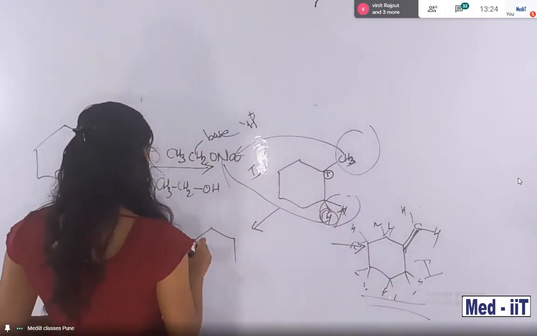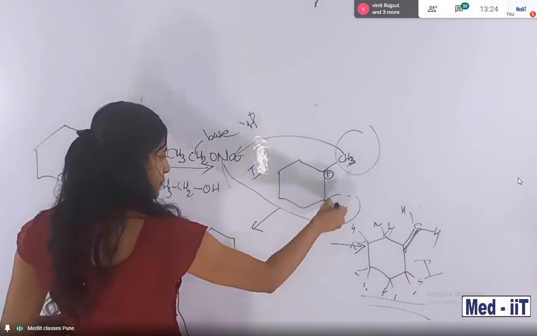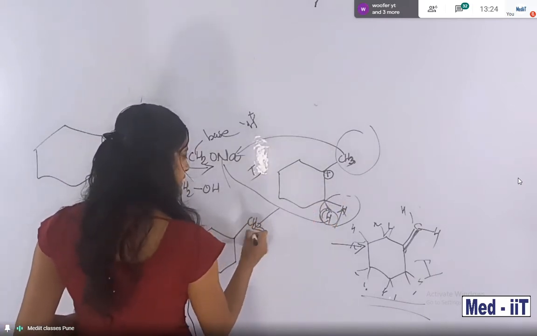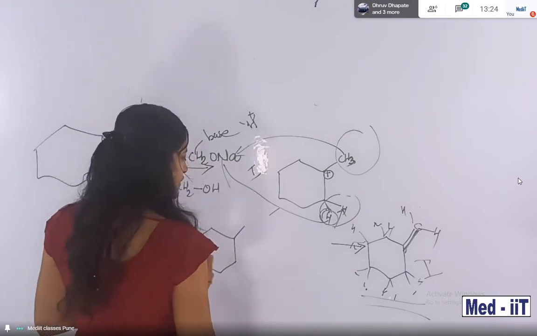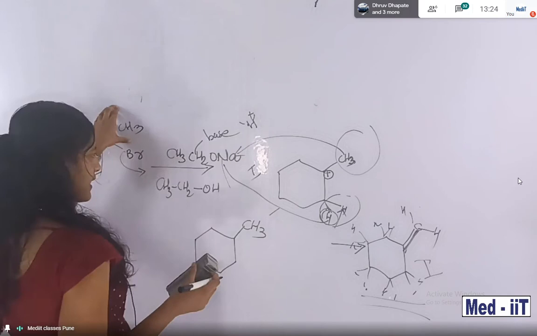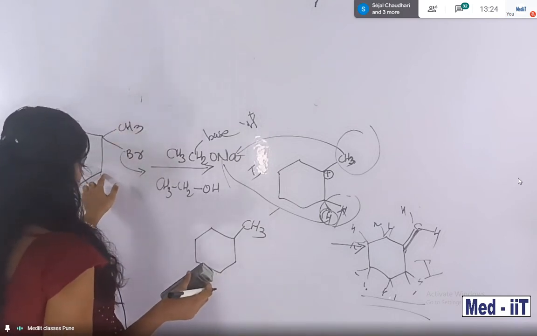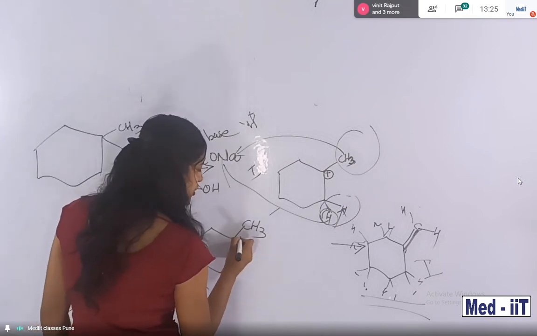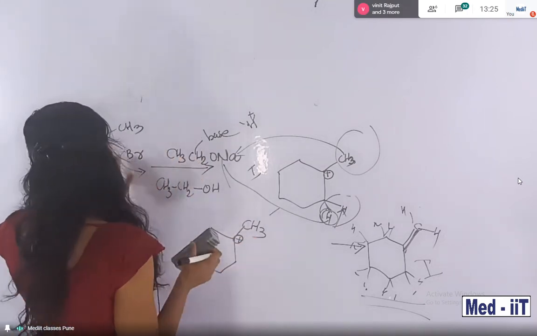Second method: abstracting a proton from here. CH3 is as such, no change. CH3 is the same. But the proton, now a second time I am abstracting from this side. So a carbocation is also there. Why carbocation? Bromine is removed now.